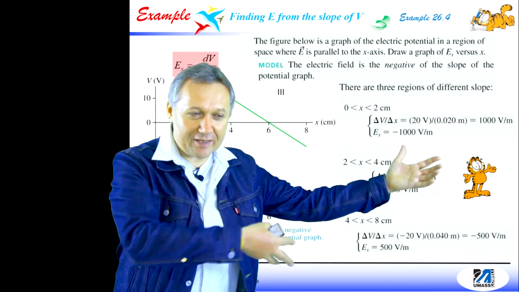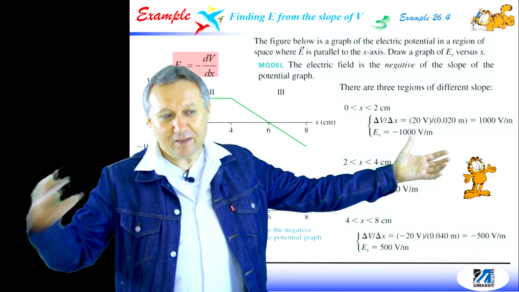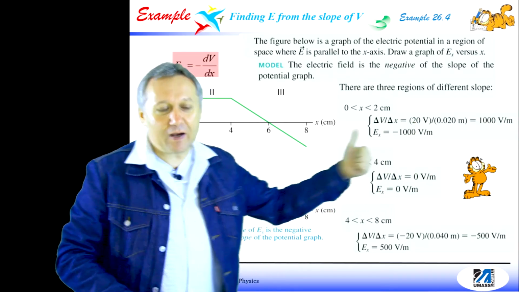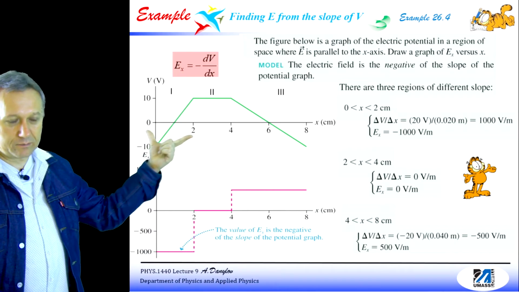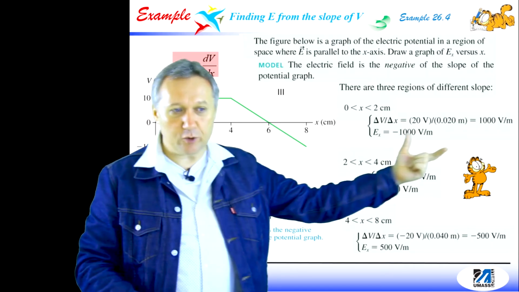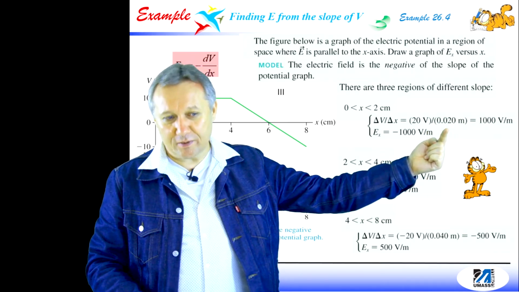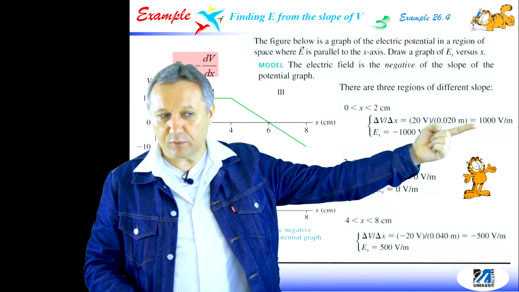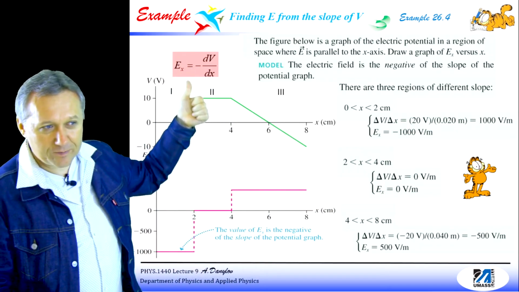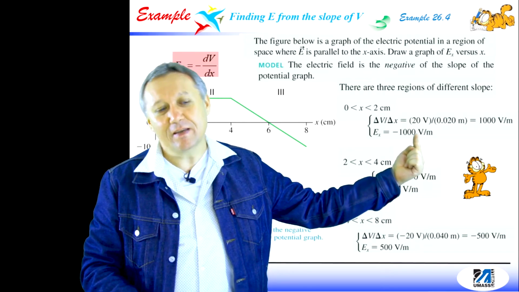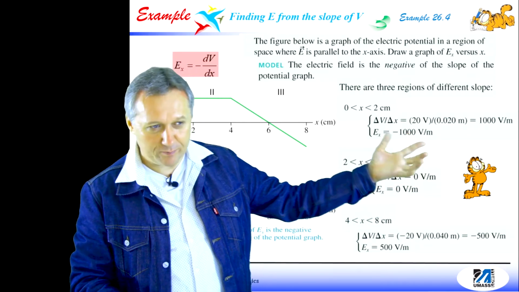As a result, you will get 10 plus 10, 20. That's what we have here, 20 volts, divided by the change in x. In this case, 2 centimeters. Of course, you have to convert it into meters: 0.02 meters. So if you divide it, you will get 1,000. Again, that's the value of the slope, but we have minus in front in the formula. So as a result, the value of the electric field is negative 1,000 volts per meter.